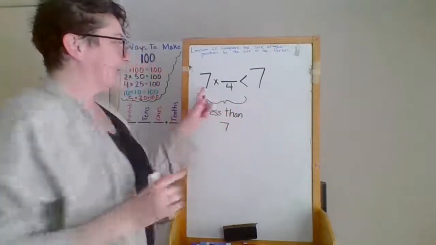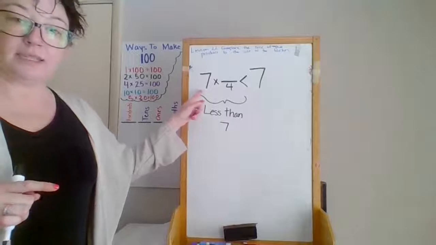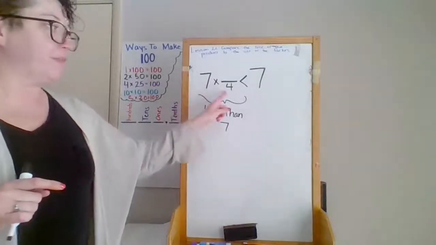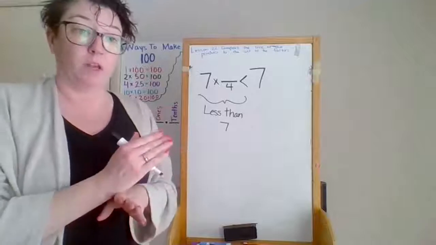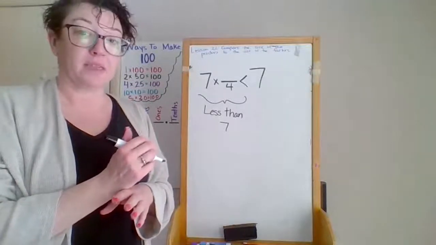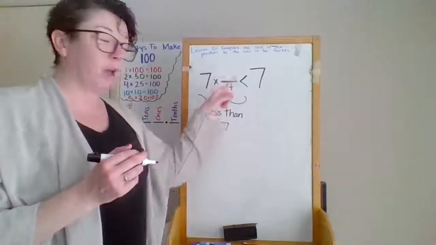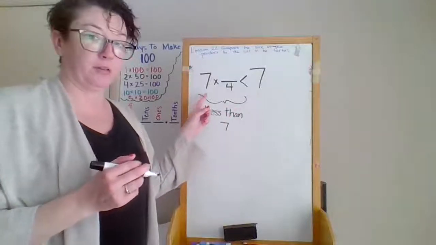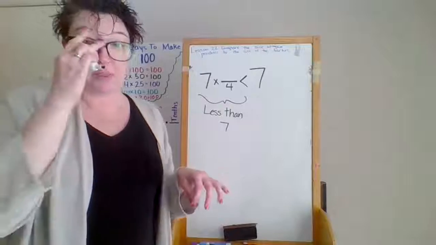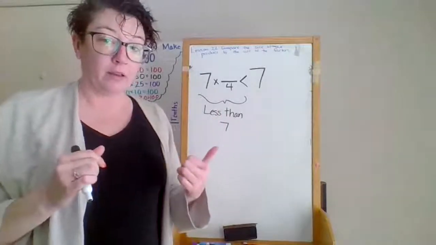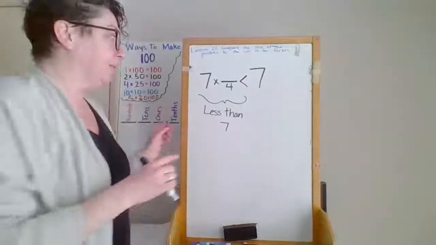So if I want to get something that's smaller than 7, I have to think about what the fraction would look like. So I'm going to think back to what I just did in part 1. If I multiply by something that's larger than 1, this will get bigger. That's not going to work for me. I have to multiply by something that is less than 1 so that it will get smaller.